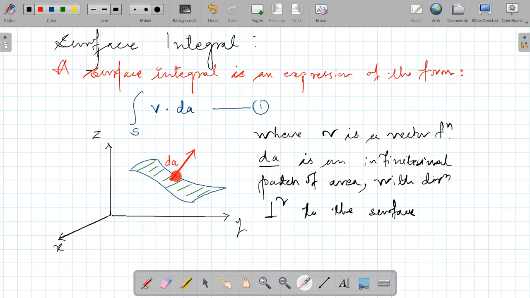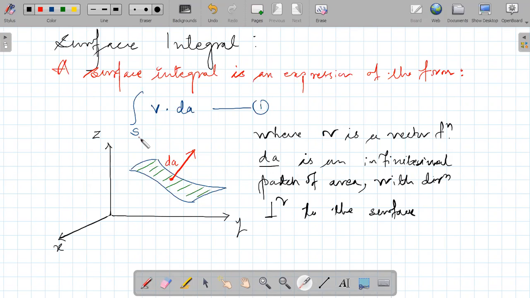See, this red arrow is perpendicular to this surface. Understood up to this level, dear student? For this case, the surface integral is V dot dA integrated over S. Understood?